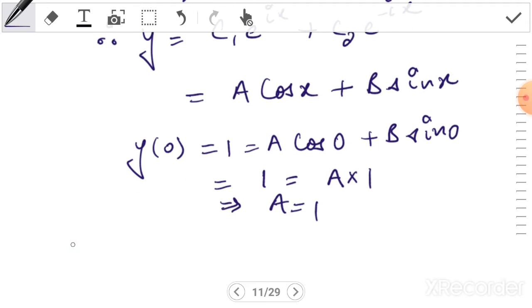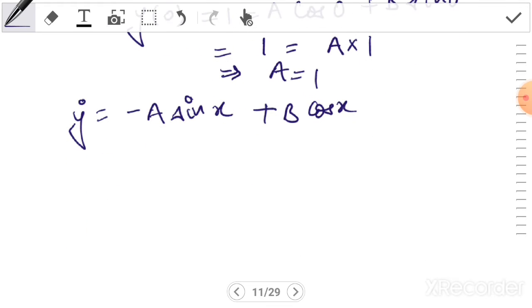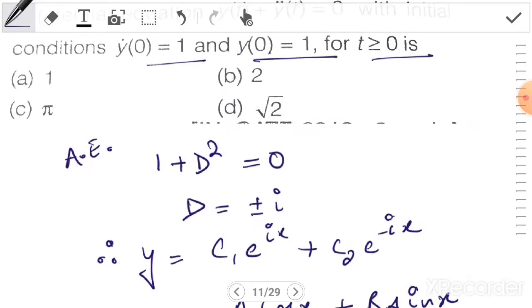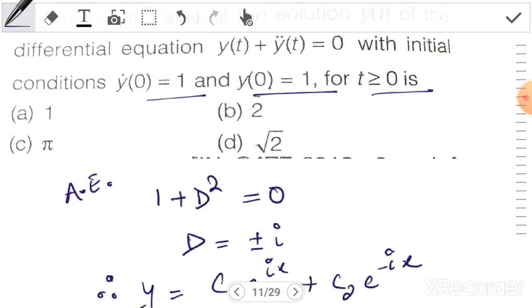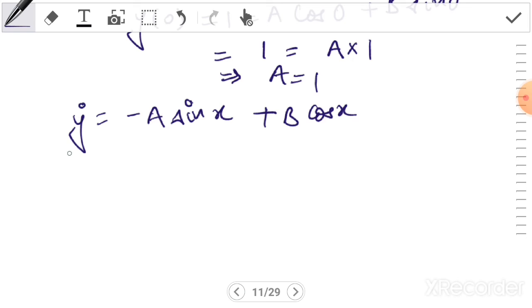So y dot is, derivative of cos x is minus sin x, so minus a sin x, and derivative of sin x is cos x, so plus b cos x. Now at t is equal to 0, the first derivative is 1.